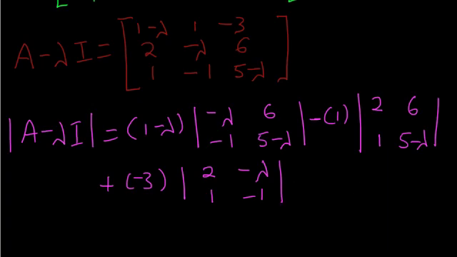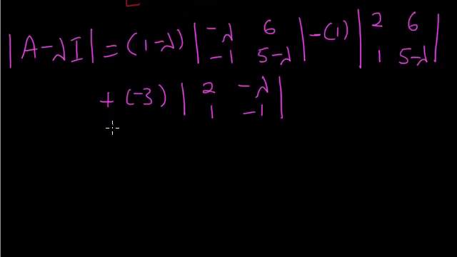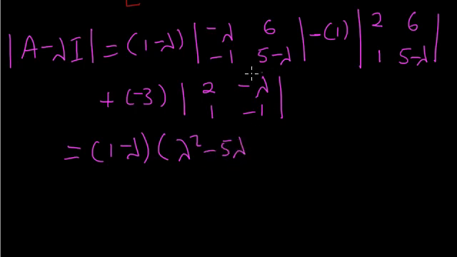So let's figure this out. This is 1 minus lambda times this product, which is lambda squared minus 5 lambda, minus this product. This product is negative 6, so minus negative 6 is plus 6.